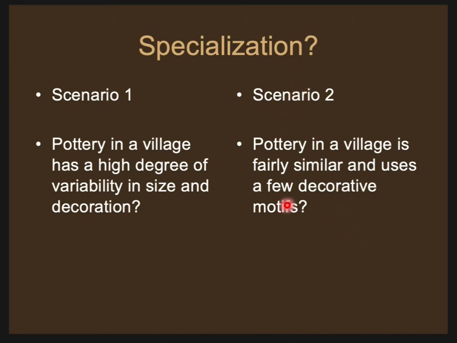If you guessed scenario 2, you are correct, right? Scenario 1 is probably the result of many people producing their own pottery. So there's lots of variability because people are going to make it differently. In scenario 2, the pottery is pretty consistent, showing that probably a few people made the pottery over and over, and they're using a very similar technique each time, so as to reduce the amount of time it takes to make a vessel.